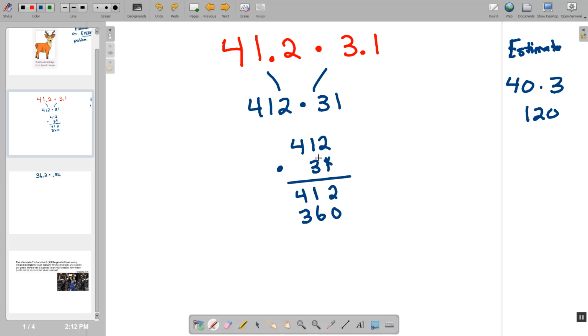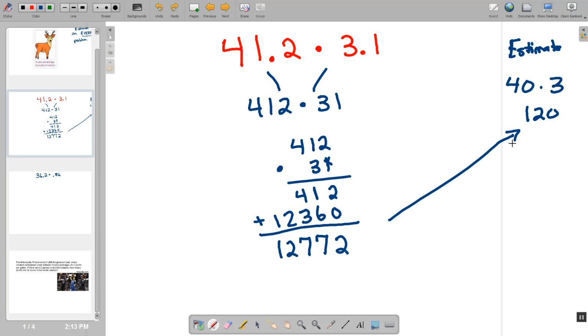And then we have 30 times 400, which is 12 thousand. We then add these two numbers together. I'm getting a little slanted with my writing here, so I'm trying to clean that up. Our answer ends up being 12,772. But we need to reinsert our decimal.